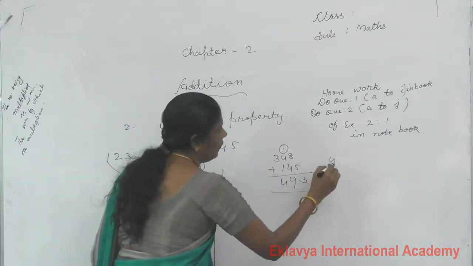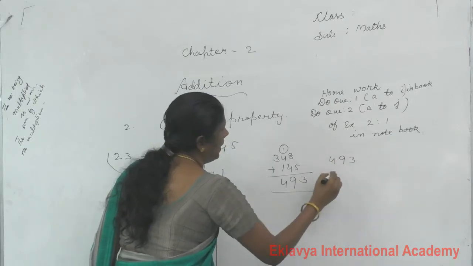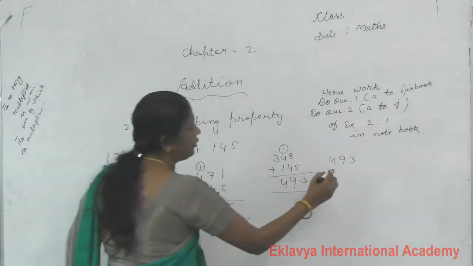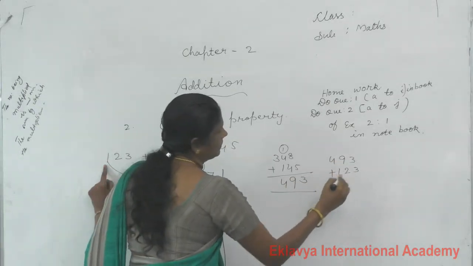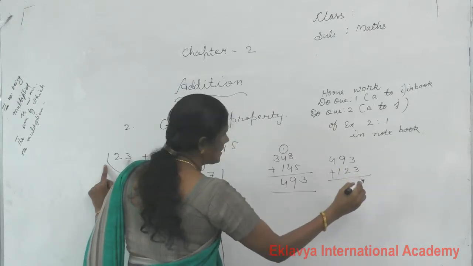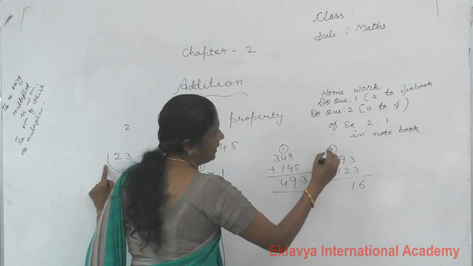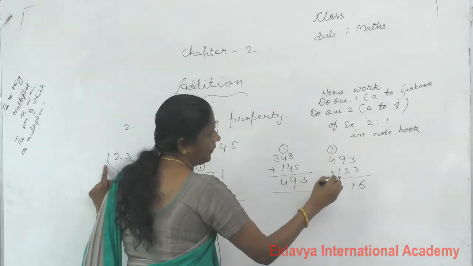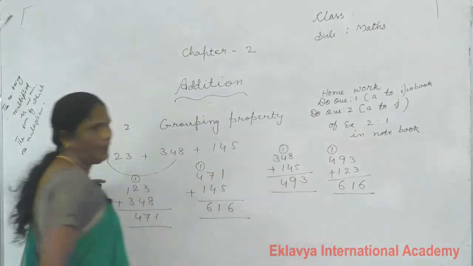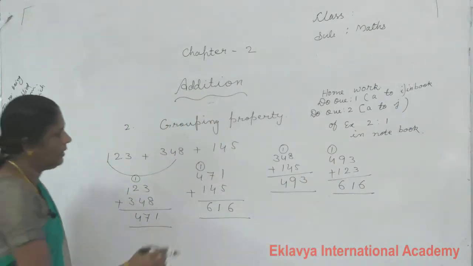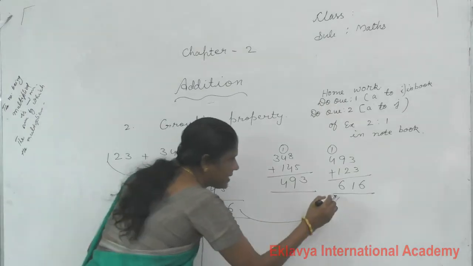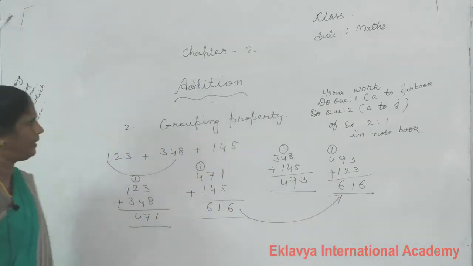Then 493, plus which number? 123. 3 plus 3, 6, 9 plus 2, 11, carrying 1, 1 plus 4, 5, so 616. Listen here, this answer and this answer are same.